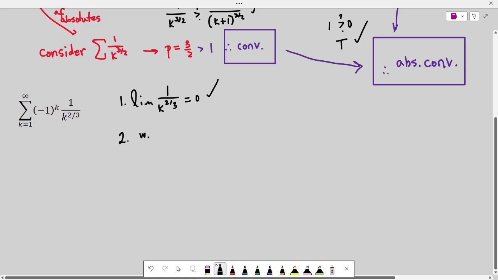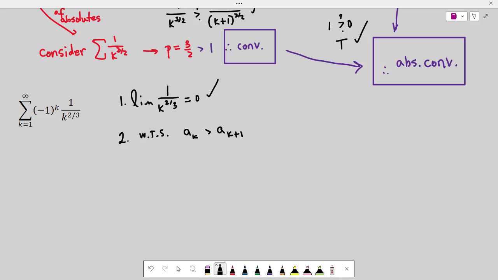Next, we want to show that the series is decreasing. So we want to show that as we go further out in the series, we get smaller terms. In your mind, you should see that it's true already, right? Because that fraction, as the denominator gets bigger, the fraction values get smaller. So it should be intuitive that it's going to be true.